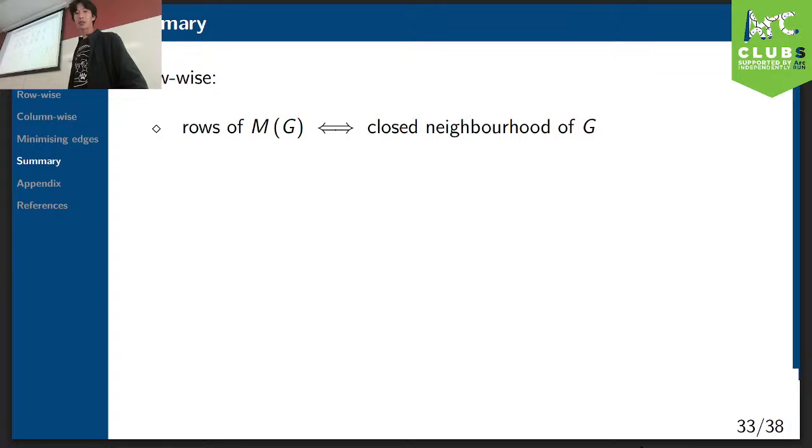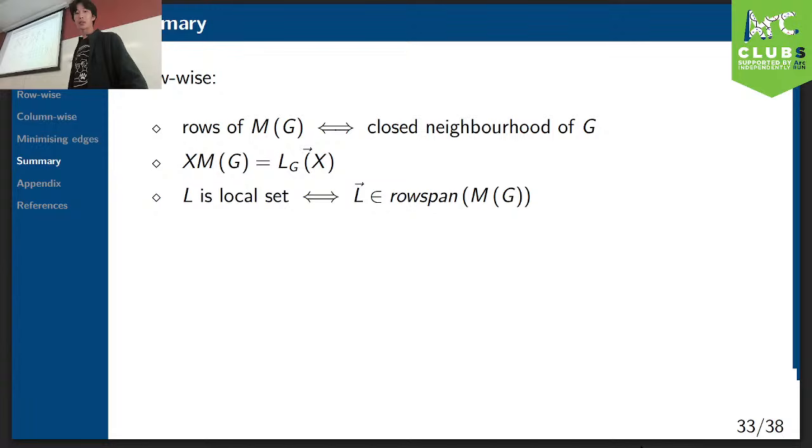First we defined the graphic presentation as having rows being the closed neighborhoods of G. And then we realized that linear combinations of these rows are simply a local set, where a local set is the symmetric difference of some closed neighborhoods. And then we realized that if L is a local set, then it's in the row span, which kind of follows from the previous fact. This just means that local sets and being in the row span are very similar.